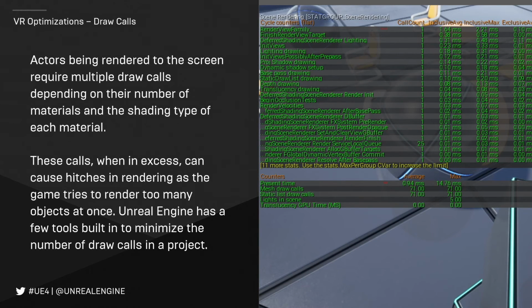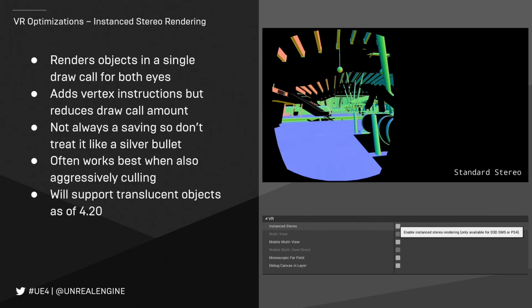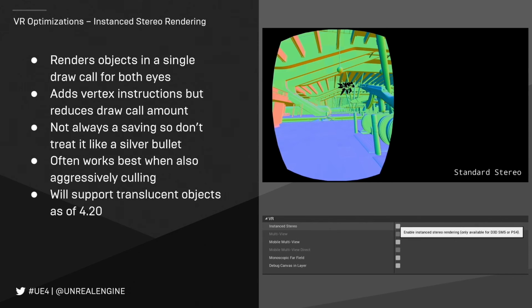Okay? Now, there's a nice little feature inside the engine called instant stereo rendering. And this is typically how it draws your eyes. It draws the left eye, it draws the right eye, and it's done.